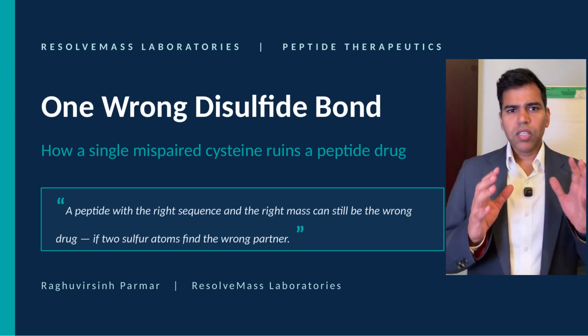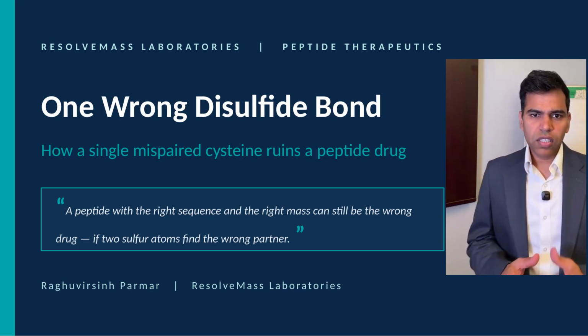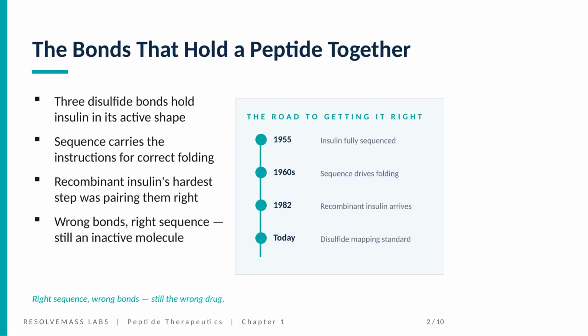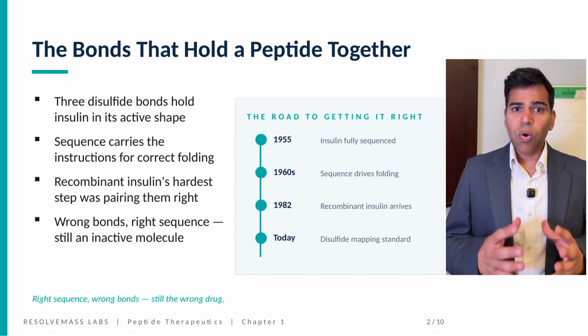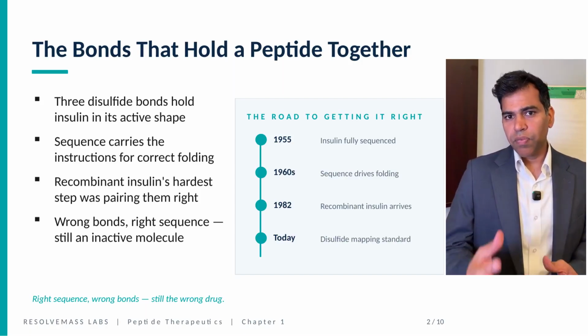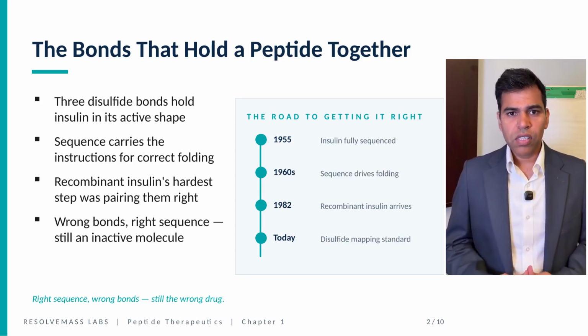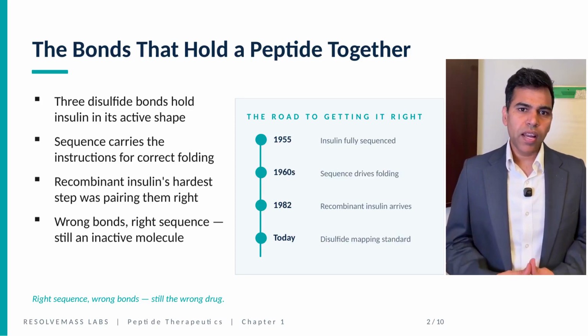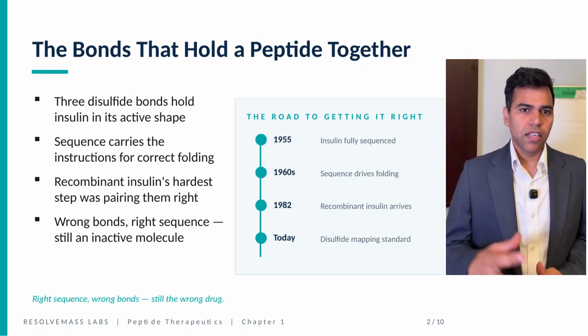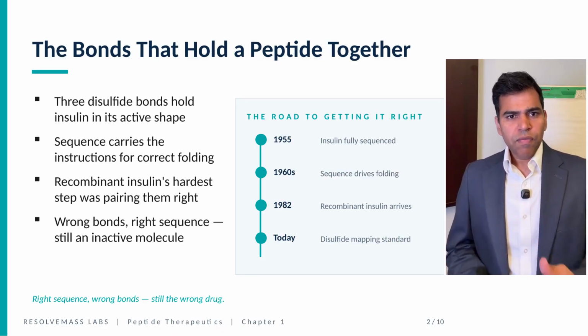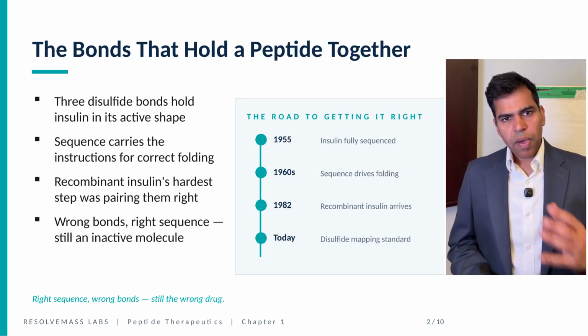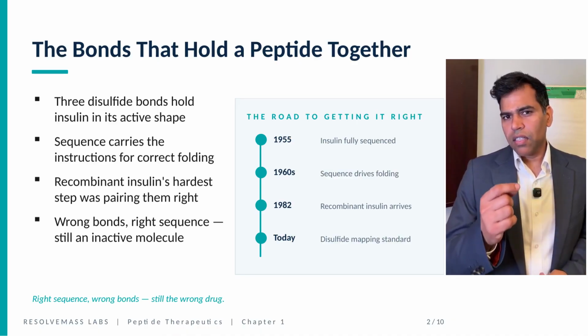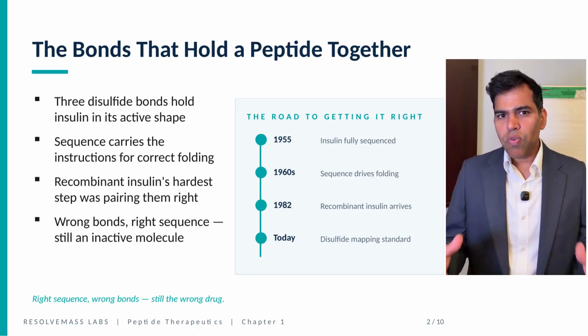Let's start with the molecule that taught the industry this lesson: insulin. Insulin holds its active shape with 3 disulfide bonds, and getting them to pair correctly took decades. Anfinsen showed that a peptide sequence carries the instructions for its own folding.